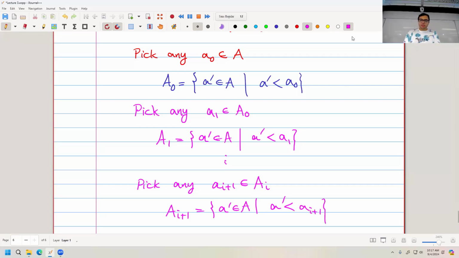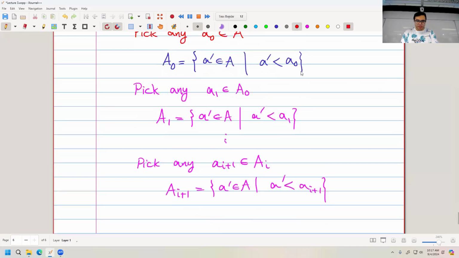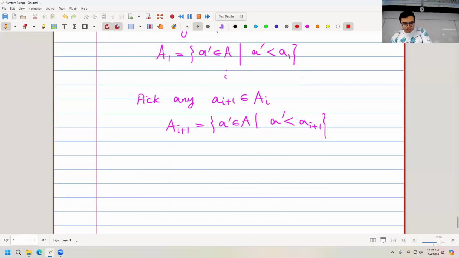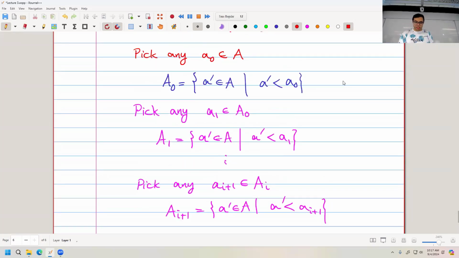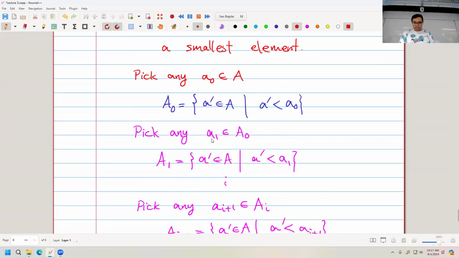So this gives me a sequence. I now have this sequence A0, A1, A2, and so on, and it's an infinite sequence, right? But it's also a decreasing sequence, because by definition, I picked A1 from the set of all the numbers in A that were smaller than A0. So A1 has to be smaller than A0.